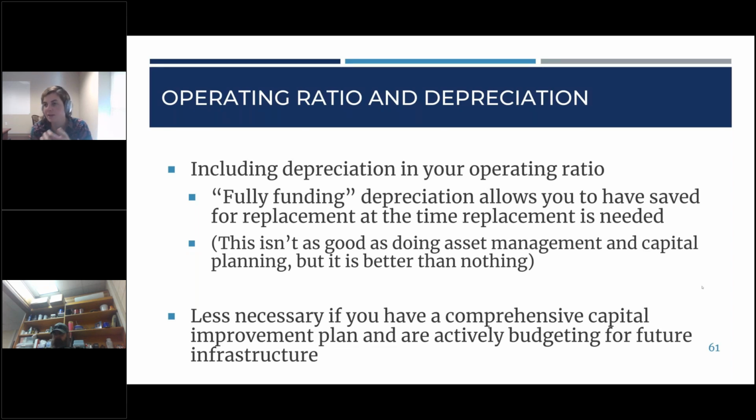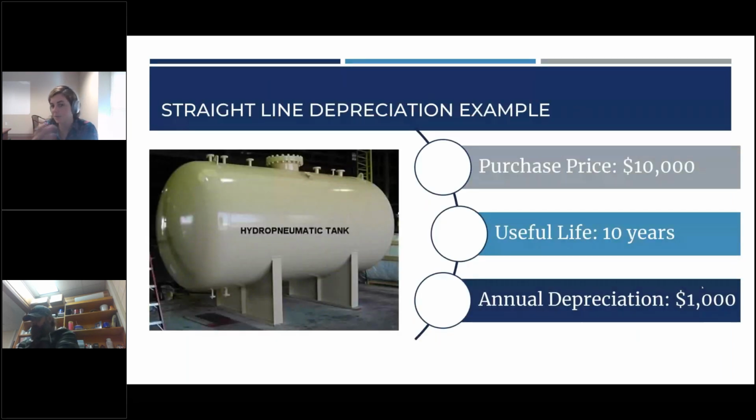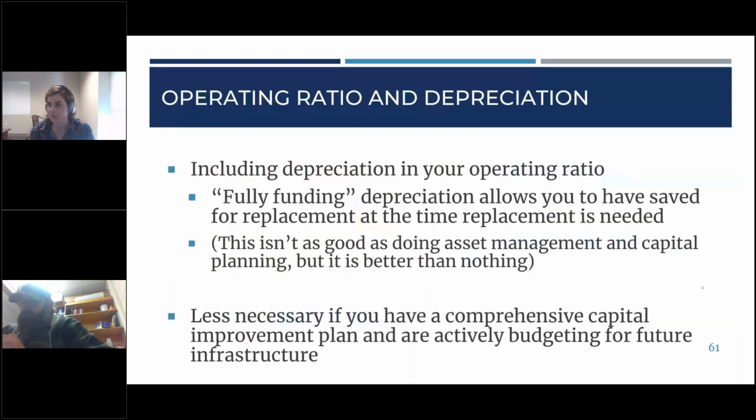And I will add that for this hydropneumatic tank, 10 years from now, the replacement of that asset probably won't be $10,000, right? It's probably going to cost more in 10 years because of inflation, because maybe the materials associated with it are more expensive. There's a lot of different things that could play into the future cost. But at least you have set aside some amount of money to plan for future capital improvements.